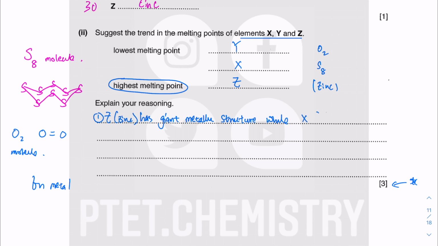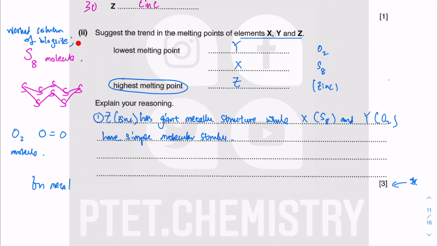While X, which is sulfur, and Y, which is oxygen, have simple molecular structure. So this is in the work solution section of the blog site, and I have the record of it. It's been there since the school holiday about a month ago, which you used for your corrections, I think.